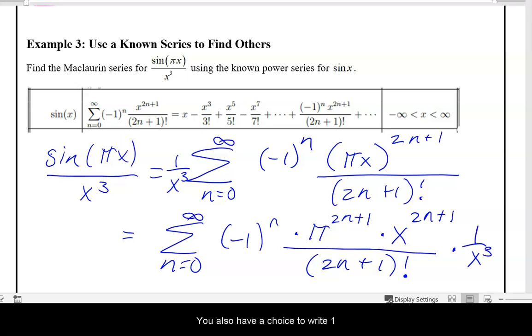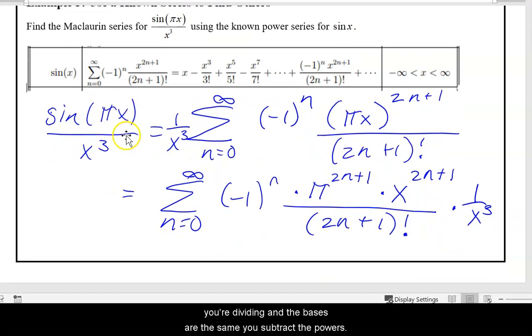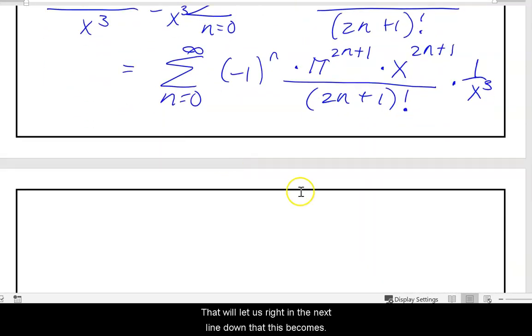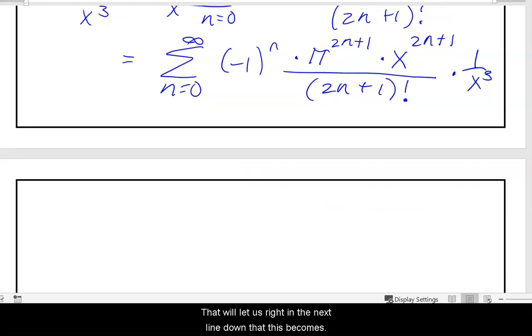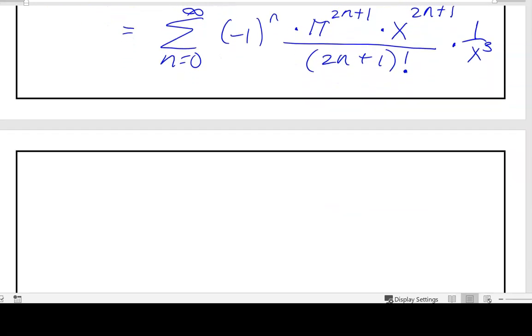You also have a choice to write 1 divided by x cubed as x raised to the -3 power. Now that you have these two with the simple base of x and it matches, you can use the power rule where when you're dividing and the bases are the same, you subtract the powers.